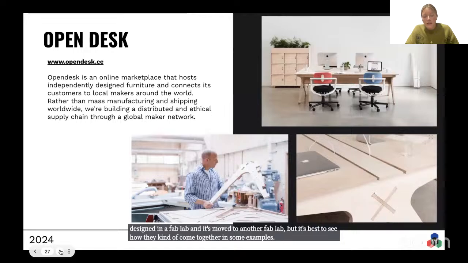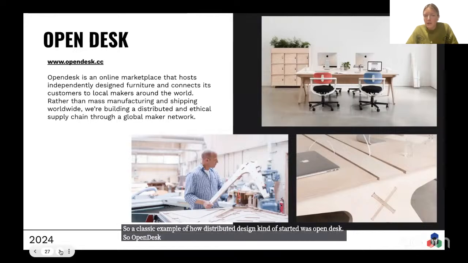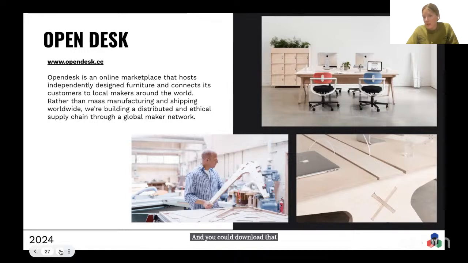A classic example of how distributed design started was OpenDesk. OpenDesk designed an online marketplace where individually designed furniture was hosted, and you could download that furniture and produce it in any fab lab. So the capacity of the fab lab was matched with the design of the furniture.